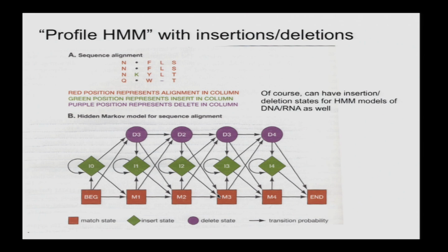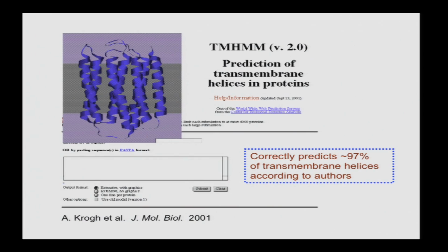Okay, so these are also widely used, and one of my favorite examples, fairly simple but quite useful, is the so-called TMHMM for prediction of transmembrane helices in proteins. We know that many, especially eukaryotic, proteins are embedded in membranes.